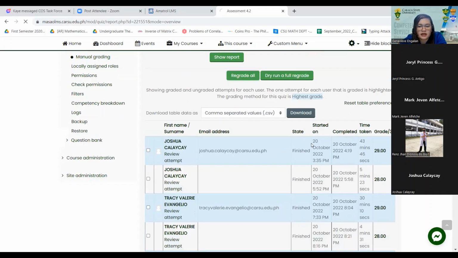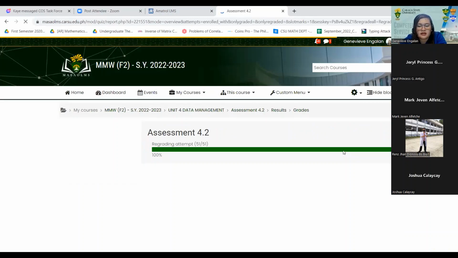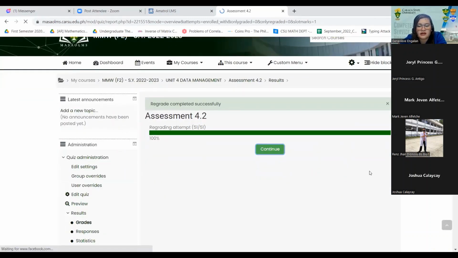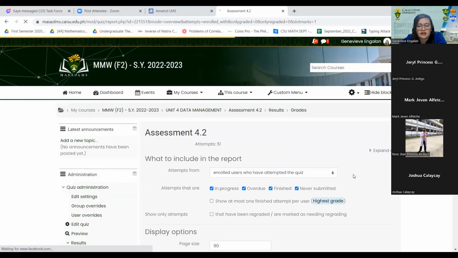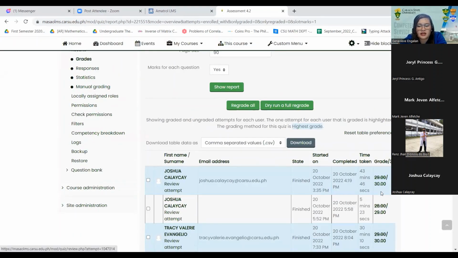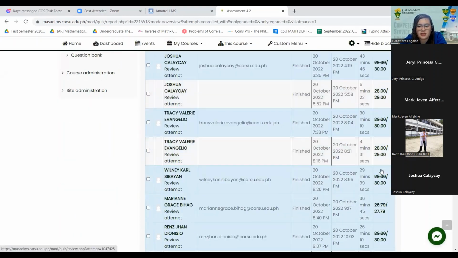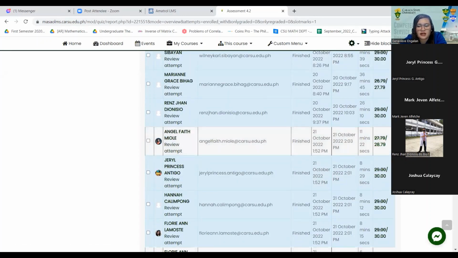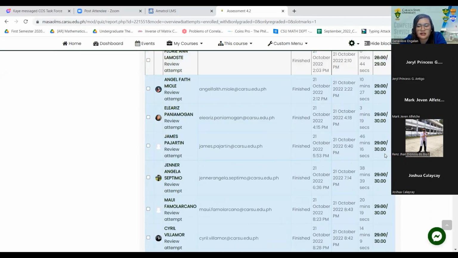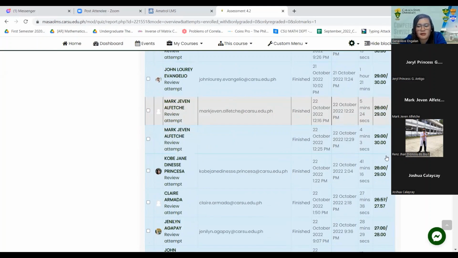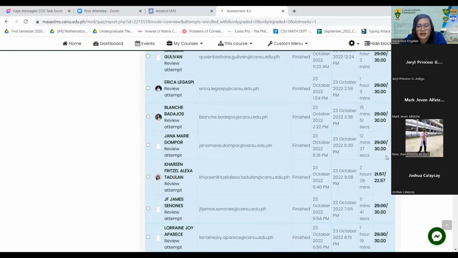Okay, regrade all ra na. Okay, regrade. So, as you can see, ang 29 nag-30. Ang 28. Okay. So, na-regrade na inyong mga scores. So, dili mabala ka. Okay?